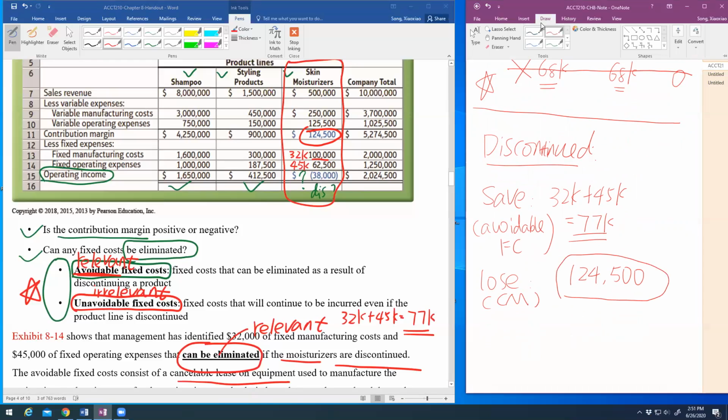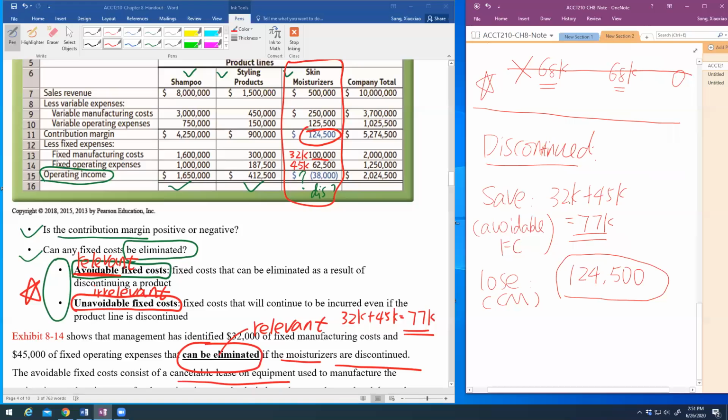So we will save the fixed cost of 77,000, but we will lose 124,500 from the contribution margin. So you tell me, should we discontinue it?